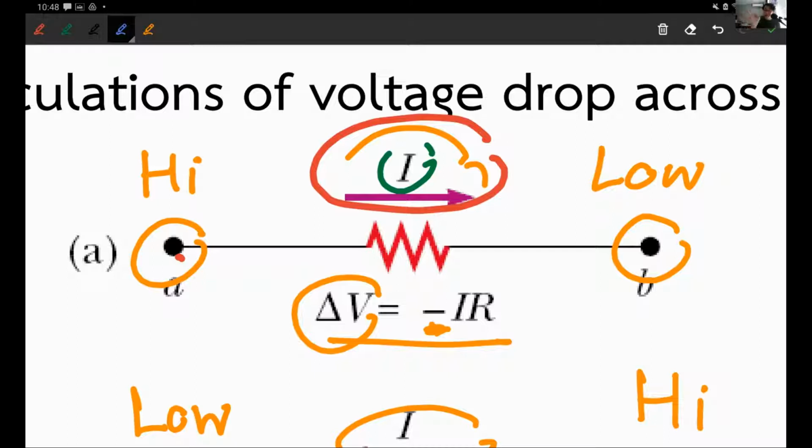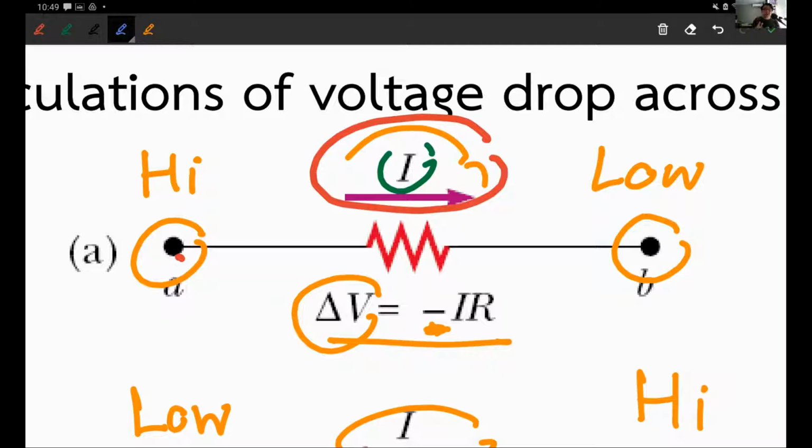But your question is good. In reality, you probably don't know which one is higher, right? And that's what we are about to do. However, if you know that left is high and right is low, it will flow from left to right. That's guaranteed.